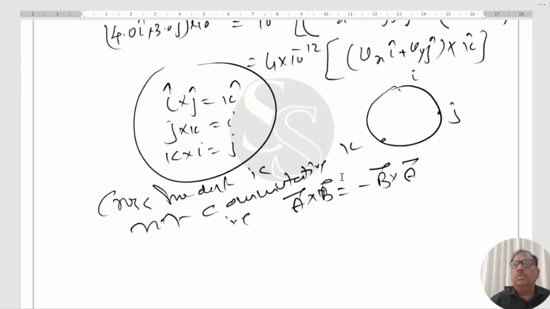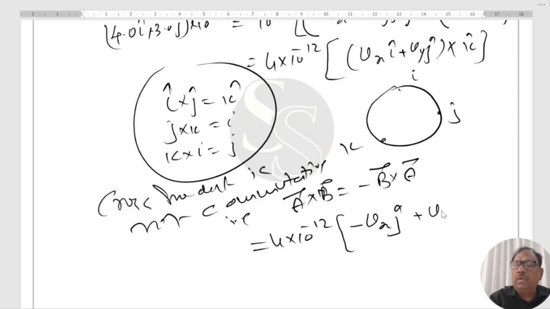This comes out to be 4×10^-12 times: i cross k reversed is minus j, so minus Vx j, and j cross k is i, so plus Vy i.